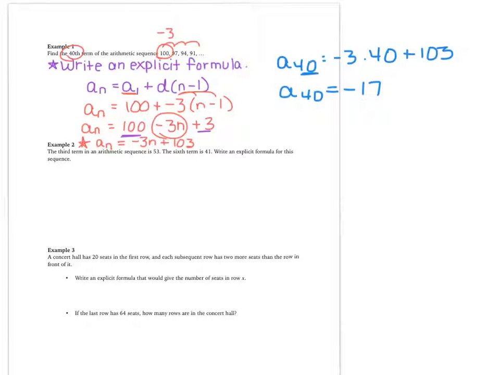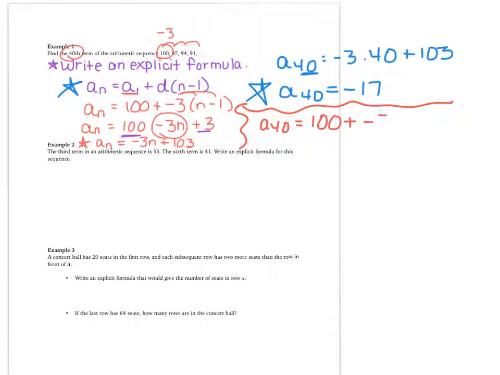I could have used this formula here to get this answer. Okay? And let me show you how to do that real quick, just in case you want to take a shortcut there. So if I wanted term 40 using this formula with the blue star, I could say a sub 40 is equal to term 1, which is 100, plus my d value is still negative 3, but I could have gone ahead and plugged the 40 right into that n.